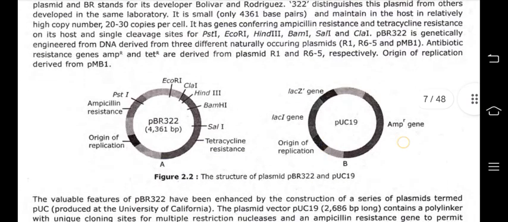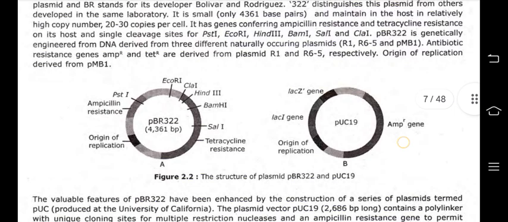The valuable features of pBR322 have been enhanced by the construction of a series of plasmids termed pUC, produced by the University of California. The plasmid vector pUC19 contains a polylinker with unique cloning sites for multiple restriction nucleases and an ampicillin resistance gene to permit identification of transformed cells.